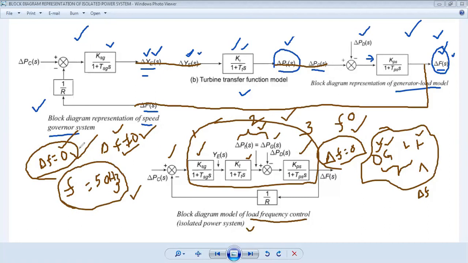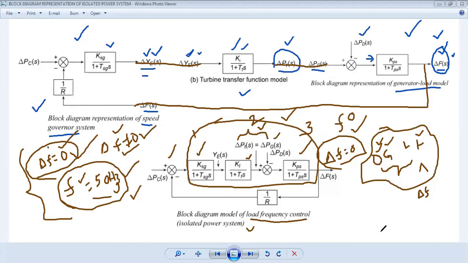So you get clarity on the change in frequency and F. F is the rated frequency, 50 Hz, and delta F is the change in frequency, which should be equal to 0. Delta F being 0 means generation equals the load demand, so that we can maintain the rated frequency. Don't get confused between delta F and F.